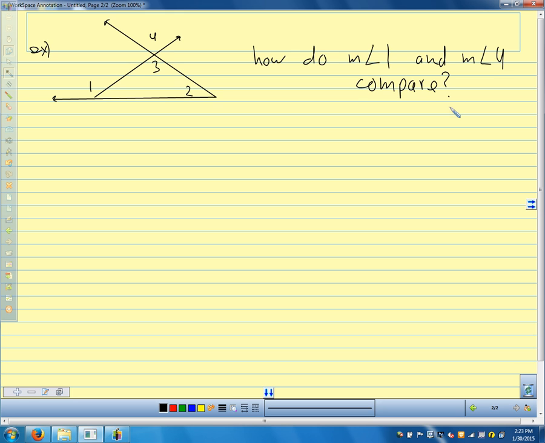That's what the question asks us. Well, let's figure out what we do know here. What kind of angle is angle 1? It's obtuse. It's an exterior angle. So what kinds of relationships can we figure out here? Measure of angle 1.